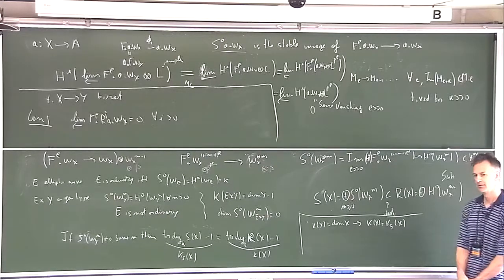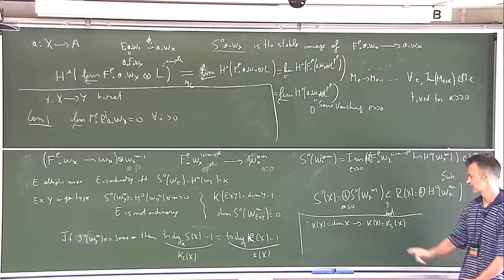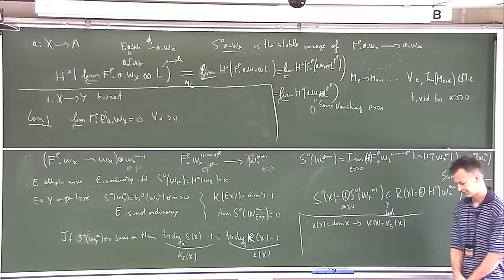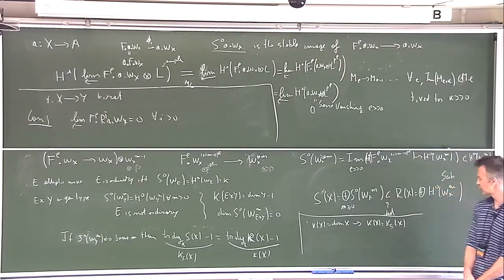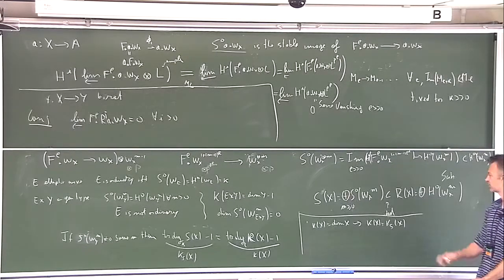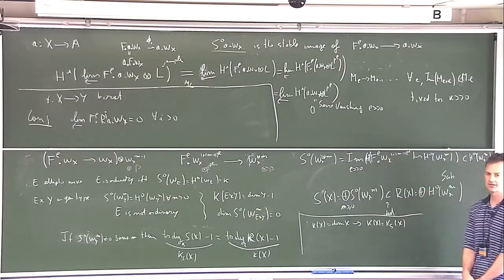Is it finite, this extension? From here to here? Finite as modules, of course, no. Finite as algebras, yes. Assuming it's finitely generated, then it has to be finite.